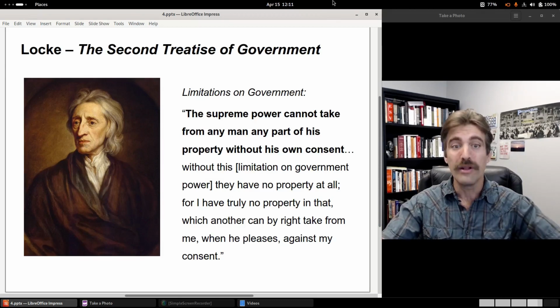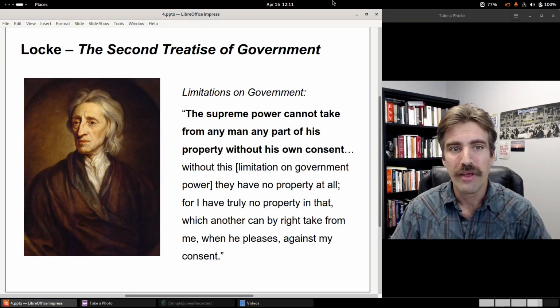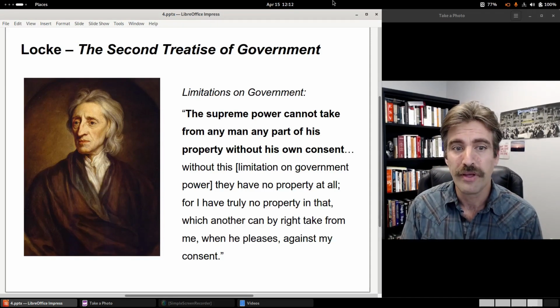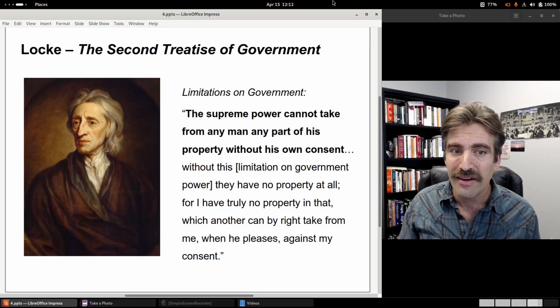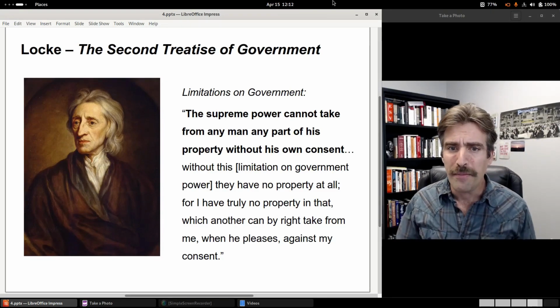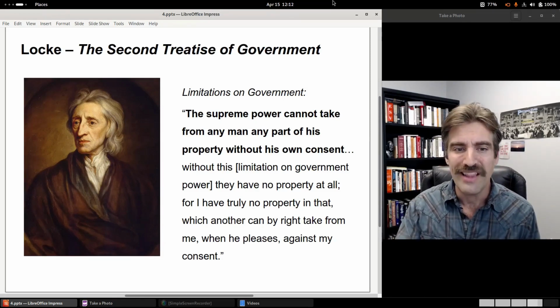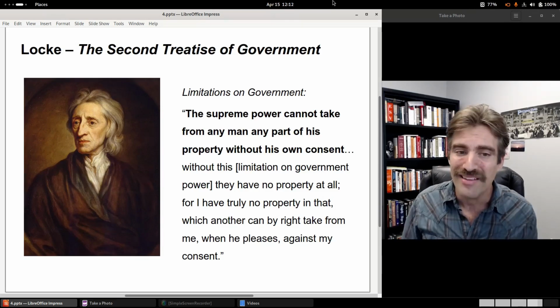This is a strong limitation on the powers of government. Cannot take from any man any part of his property without his own consent. "For without this limitation on governmental power, the people have no property at all. For I have truly no property in that which another can by right take from me when he pleases against my consent."